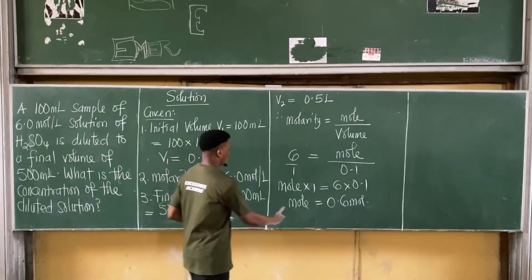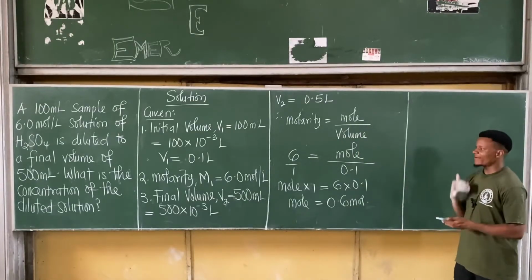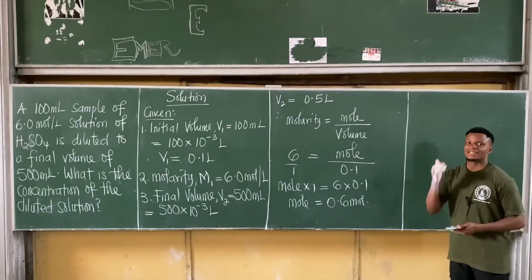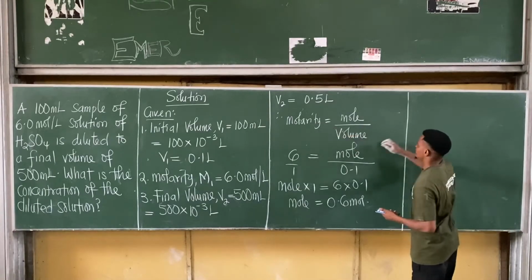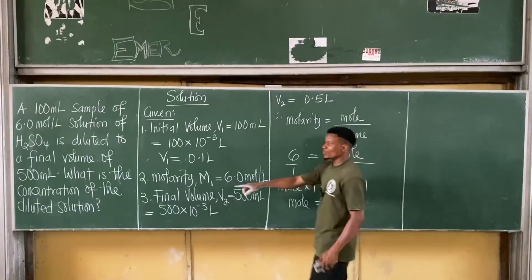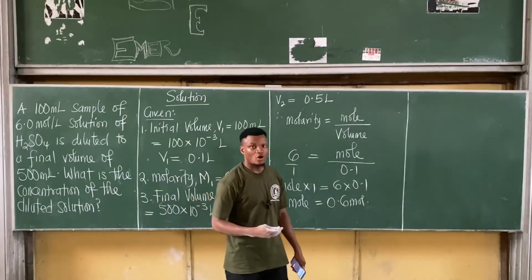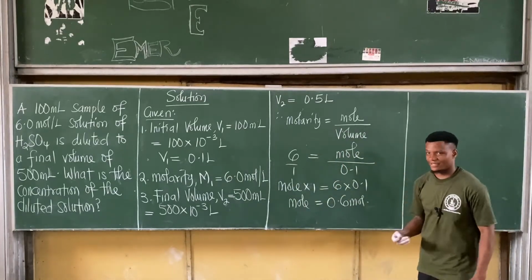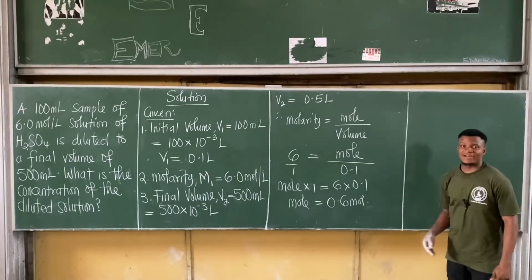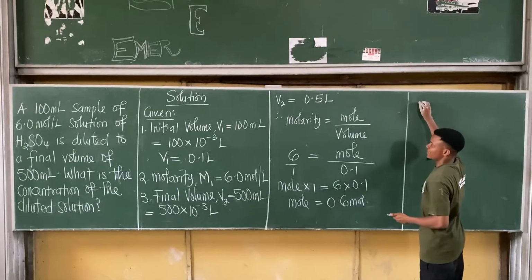If you've gotten the mole, what's the next step there? Our next step is to consider the final molarity as well as the final volume. So the final molarity, let's call this M2. We asked what is the concentration? And I said concentration or molar concentration or molarity means the same thing. So in this question, we are asked to find the final molarity, let's call it M2.